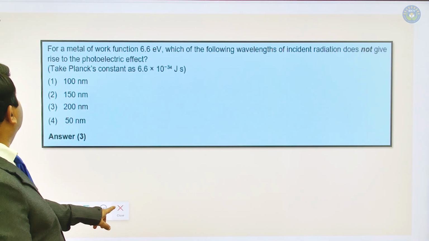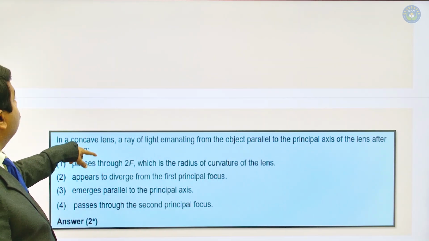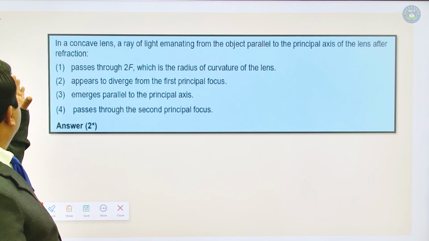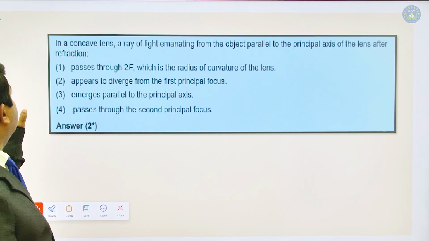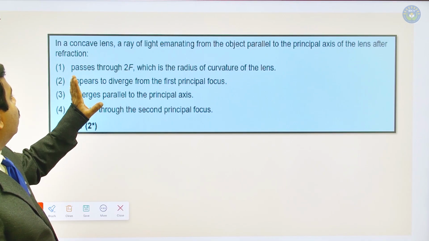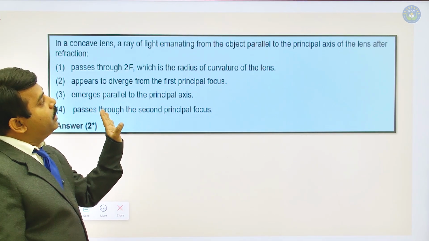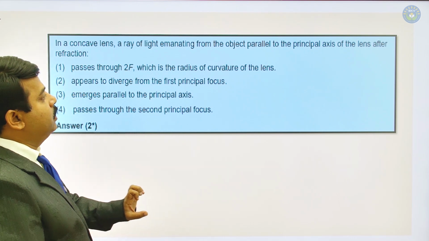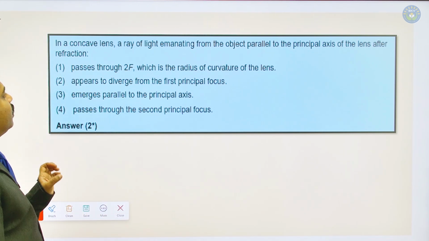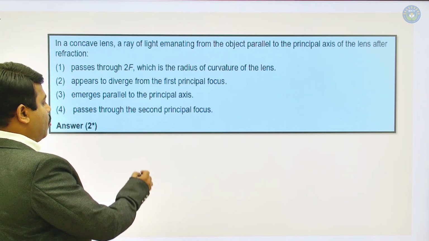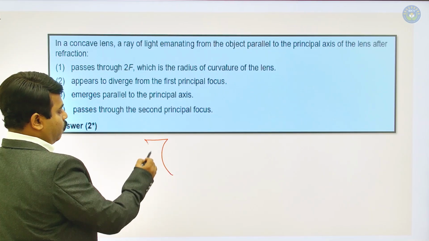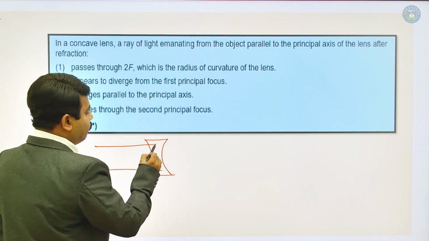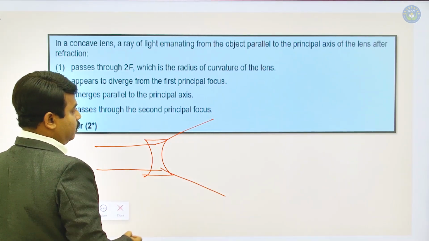Now let us go to another question. Now let us do question number 43. In a concave lens, a ray of light emanating from the object parallel to the principal axis of the lens, after refraction... See, after refraction by a concave lens, the ray diverges.